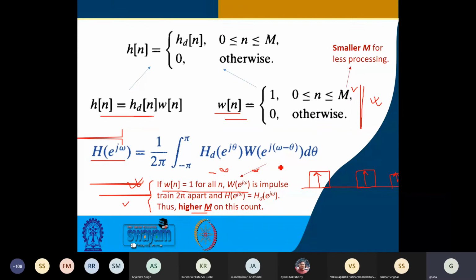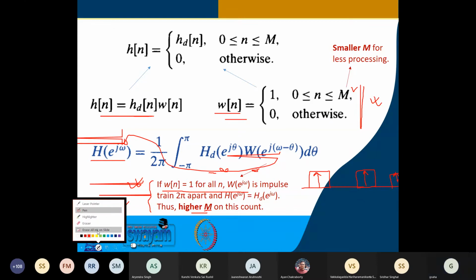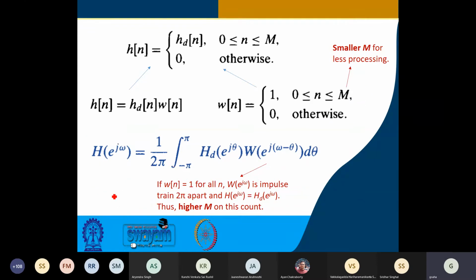After that it repeats. And W(e to the power j (omega minus theta)), so theta is also making an excursion from minus pi to pi. Then you multiply each point for every value of theta, add it up, and whatever summation you get is the value that you get for a particular value of omega. This is what the convolution equation is. This is what I think.